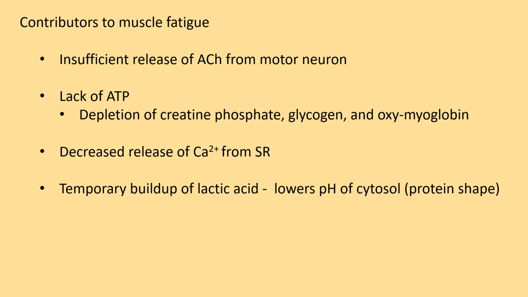So we can start at the neuromuscular junction. Let's stick with this example of doing bicep curls, right? You've been doing bicep curls, bicep curls, bicep curls, and every time you do a bicep curl, several motor neurons release acetylcholine at the neuromuscular junction, and after so many releases, those motor neurons might start to be depleted in their supply of acetylcholine.